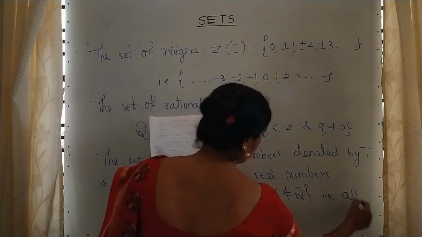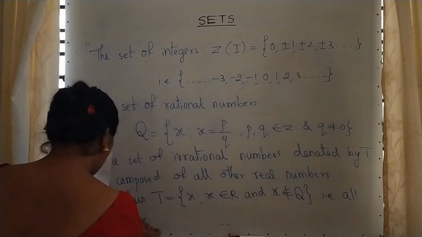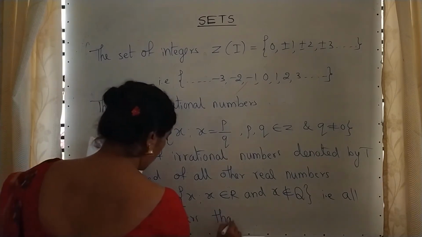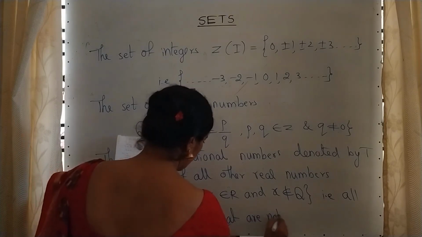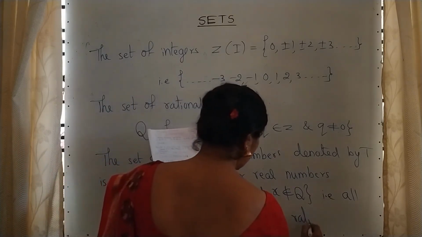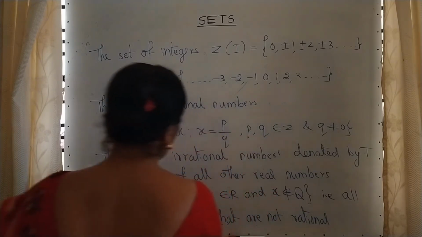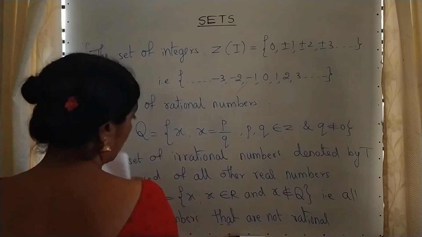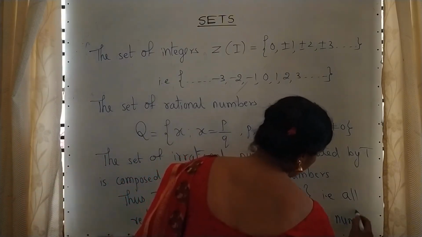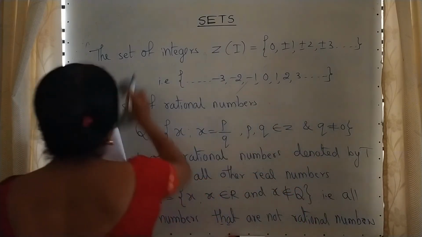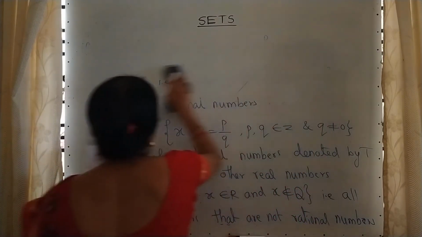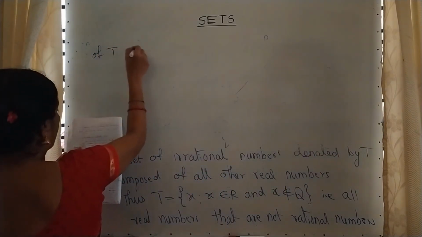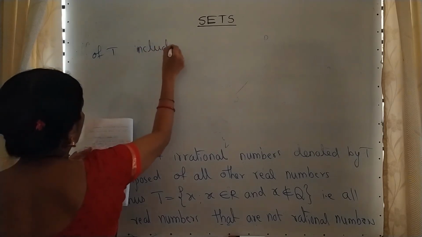That is, all real numbers that are not rational numbers. T contains what?